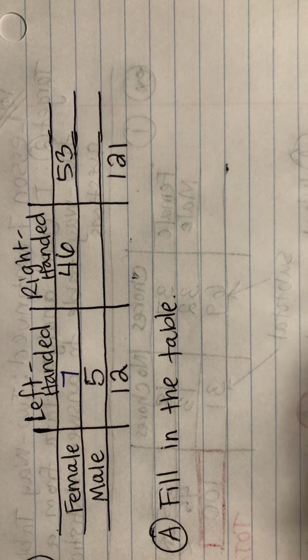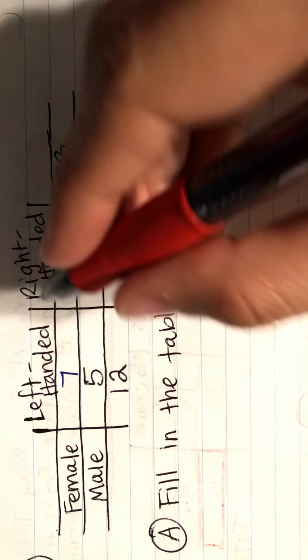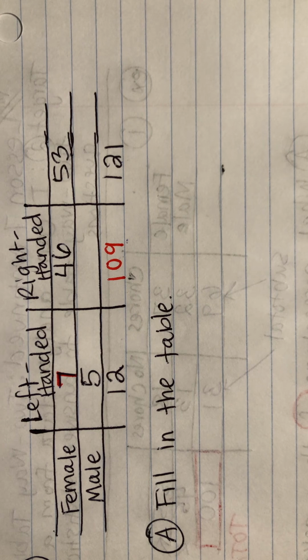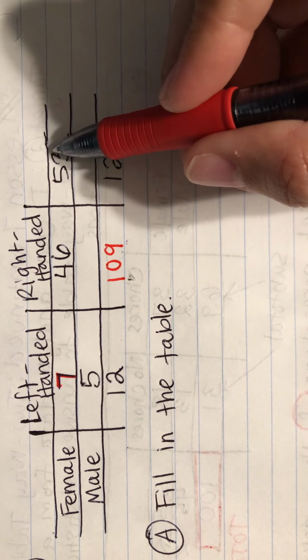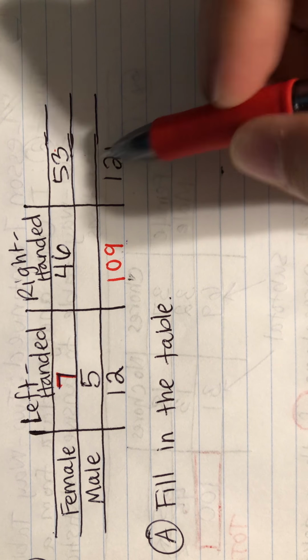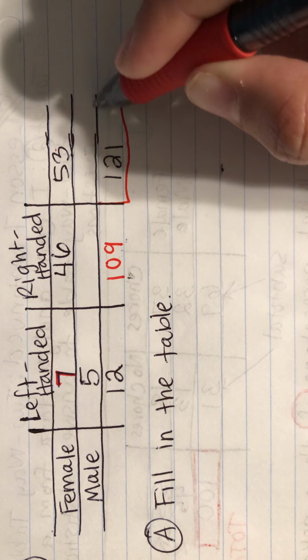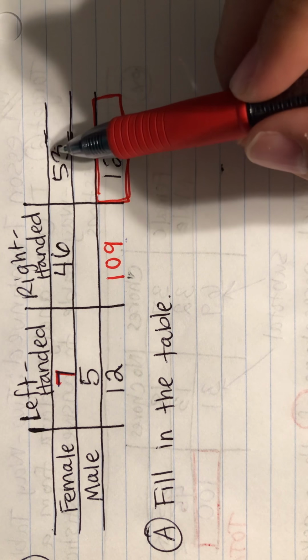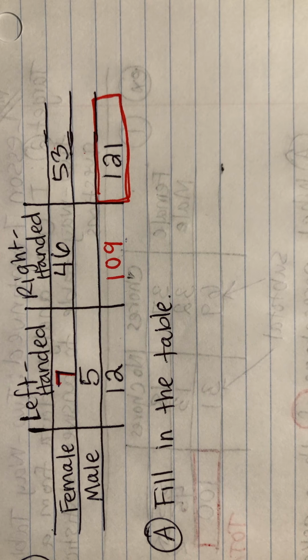And you should have gotten 109. I'm going to do that one in red. And then to get this one, 53 plus this number should be 121 because this is our total. So again, do 121, take away 53, and use your calculators.